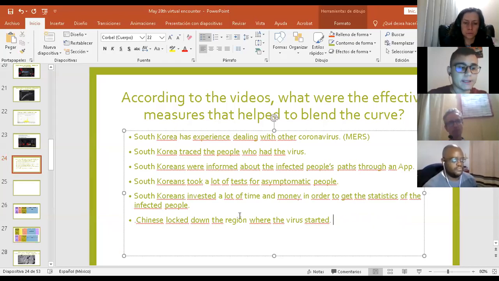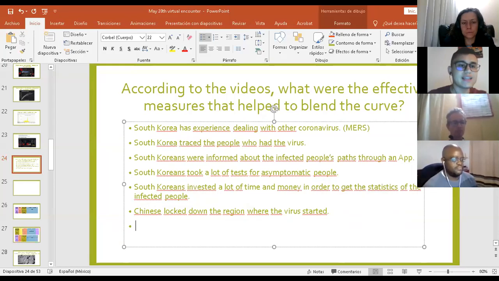Another strategy was that, as Mayra said about South Korea, they gave tests, and free tests, which the United States didn't do. For example, in China, even when people didn't have the virus, they didn't have to pay anything. They controlled it with a lot of tests.